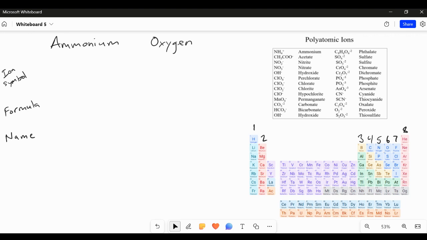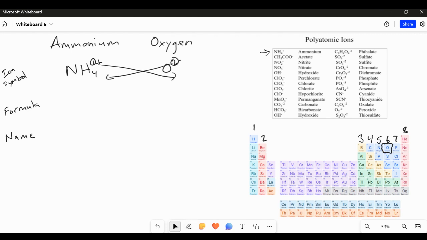Okay. Now we have a bit of a different situation here. So ammonium right here is NH4, and it's got a +1 charge. Oxygen, because it's a group 16 element, will have a -2 charge. Now we do the crisscross method. That's a 1, so that goes over here. This 2 goes over here.